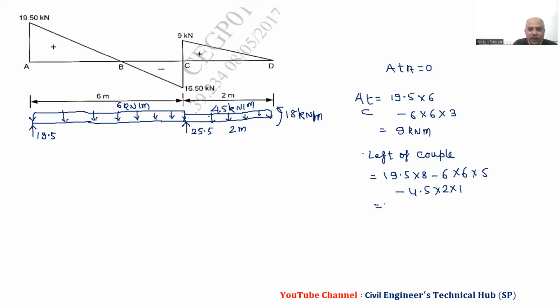So we have 19.5 into 8 minus 6 into 6 into 5, then minus 4.5 into 2, and then due to 25.5 into 2, it is plus 18 kilonewton meter. So left of couple means left of D, and right of D is 0.